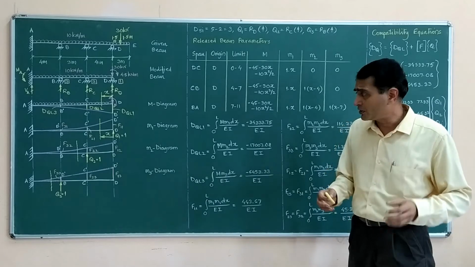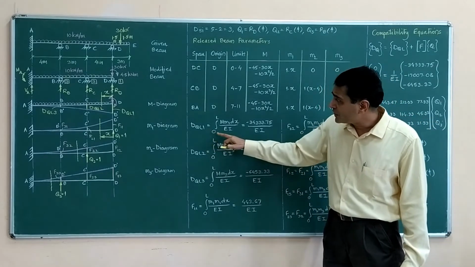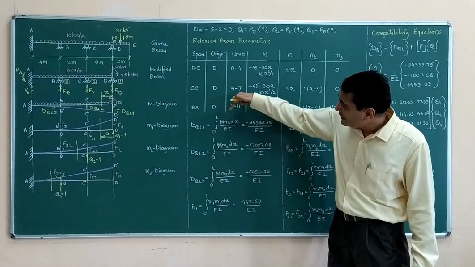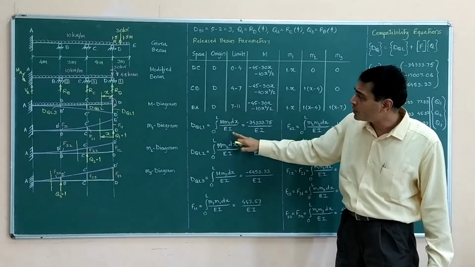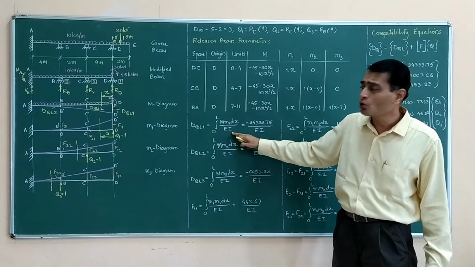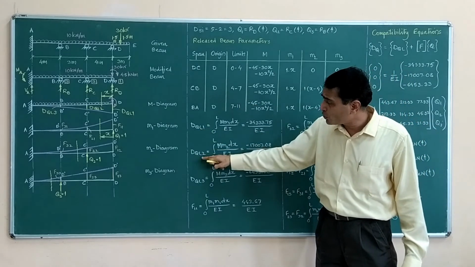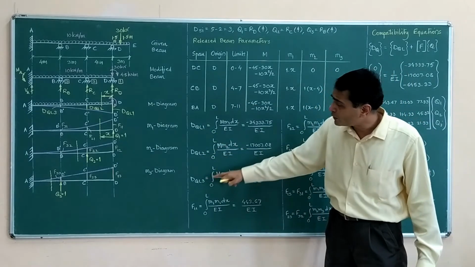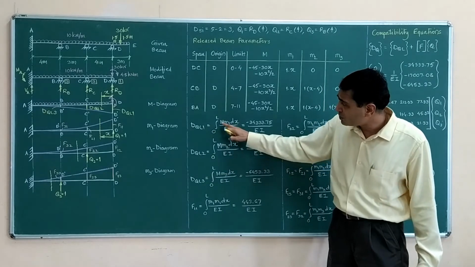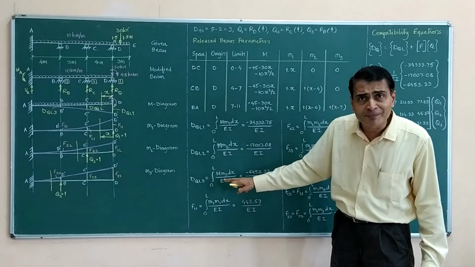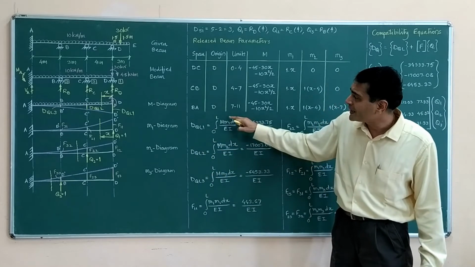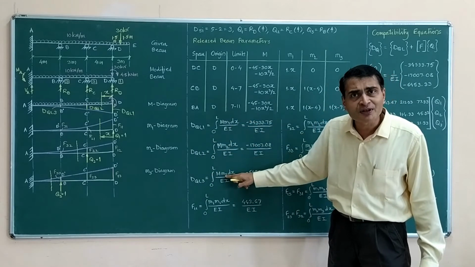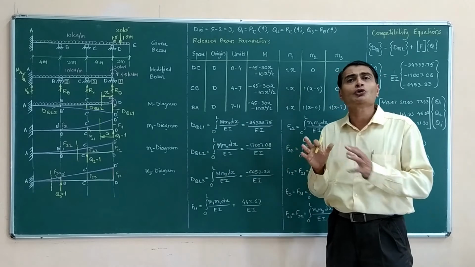Observe DQL1, which is integral 0 to L capital M M1 dx over EI. I have already told you that for DQL1, DQL2, DQL3, the first term is going to be capital M and the second term as per 1, 2, 3 will vary as M1, M2 and M3 with respect to x upon EI.